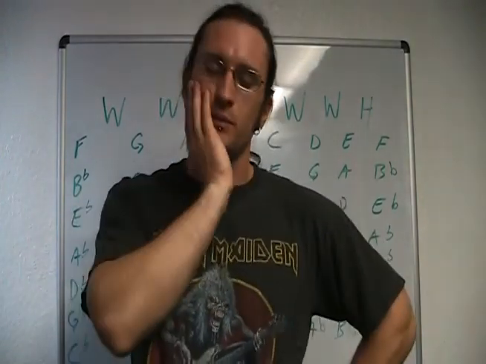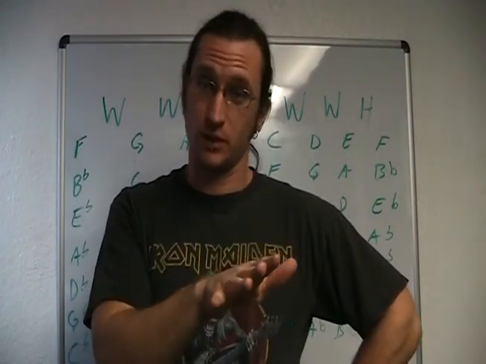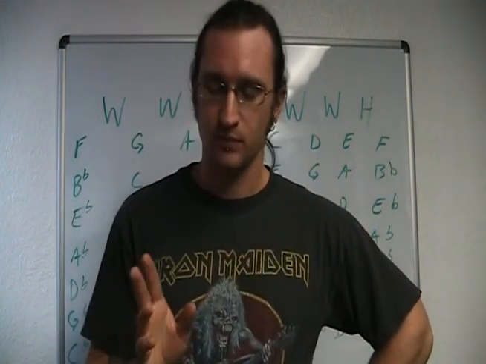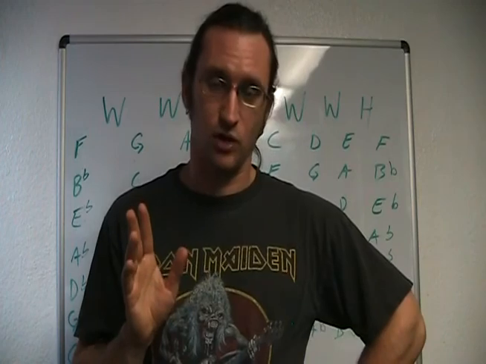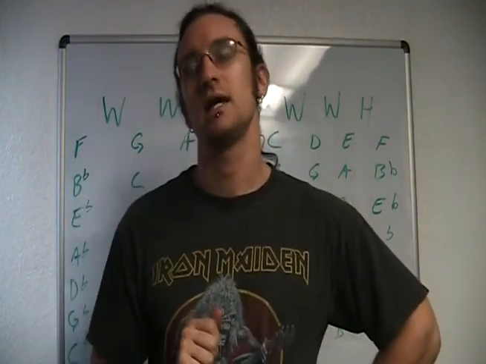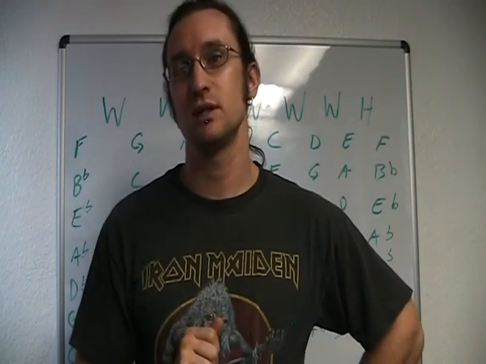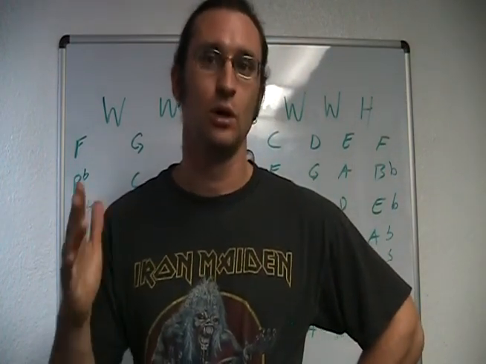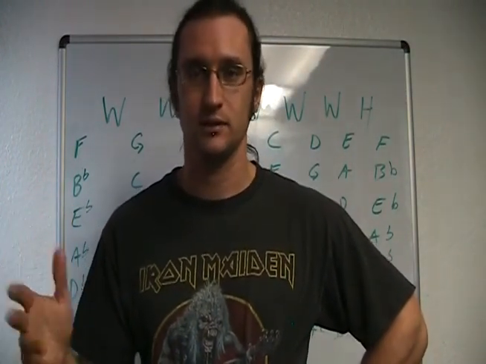But yeah, remember, you won't mix sharps and flats when you're working with the major scale. You want to have all 7 note names accounted for, and you will always use the major scale formula to go from one place to the next. So if you memorize that, whole, whole, half, whole, whole, whole, half.